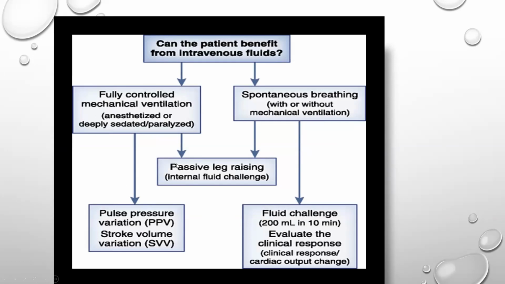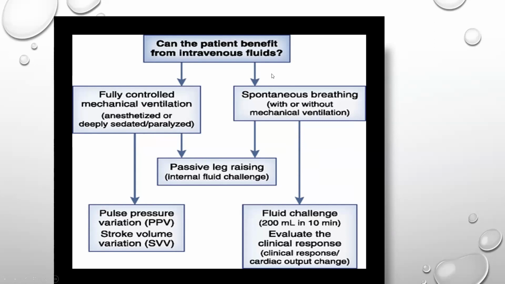So you can do passive leg raising, an internal fluid challenge. This will increase the venous return, and after increasing the venous return with this maneuver, you look at the pulse pressure variation and stroke volume variation. And these two tools were validated as good predictors of fluid responsiveness in pediatrics as well as the adult population.